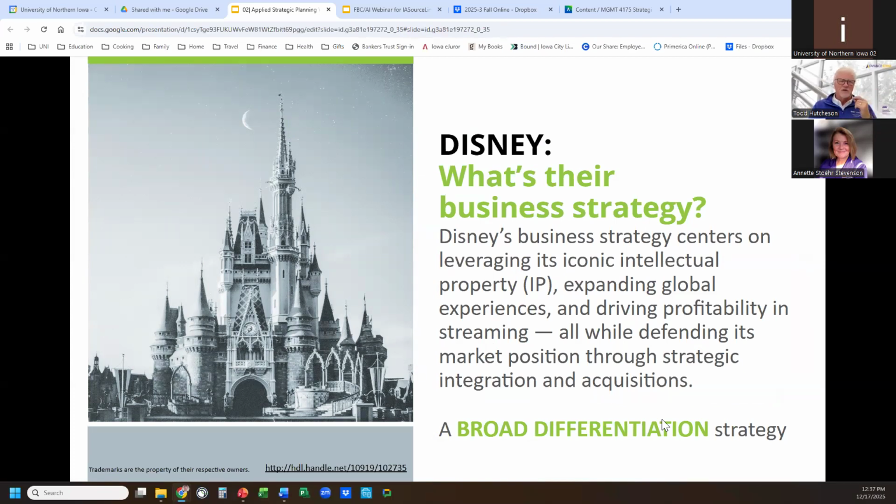Most everyone, at least in the United States and probably worldwide, grew up with Disney characters, iconic intellectual property, movies, theme parks, etc. Expanding global experiences, driving profitability and streaming now, Disney and Disney Plus, all while defining its market position through strategic integration and acquisitions. So they have a definite broad differentiation strategy.